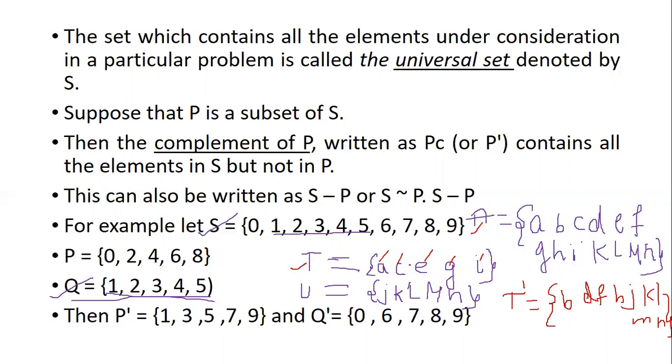Very good. Many of them have given the right answer. Now, similarly, can you tell me what is U dash or the complement of U? Leaving J, K, L, M, N, which is already there, the rest you will have to write: A, B, C, D, E, F, G, H, I. Good.